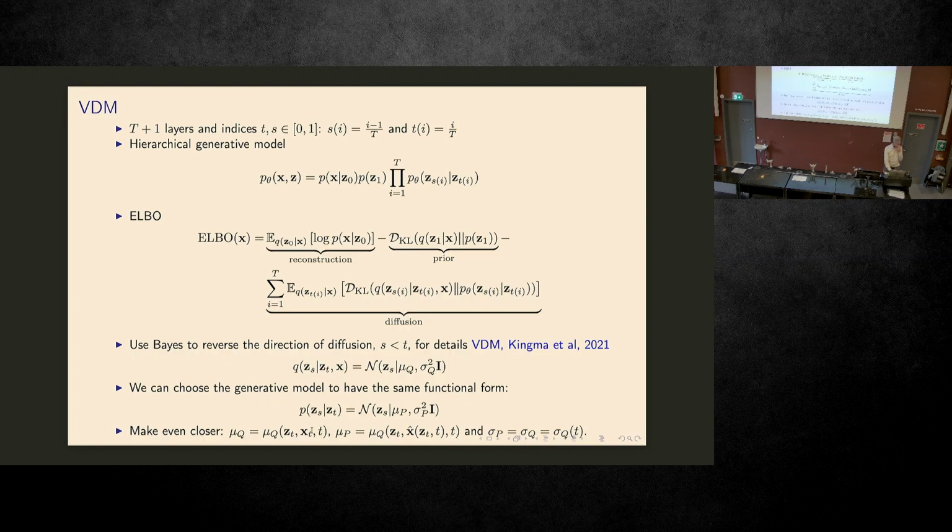Then, as a choice, you are free to choose mu_p in your generative model to have the same functional form as your variational distribution. Then instead of x, you have this x hat, which cannot depend on x. It will depend on z_t and t, right?